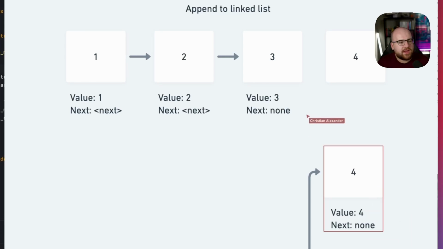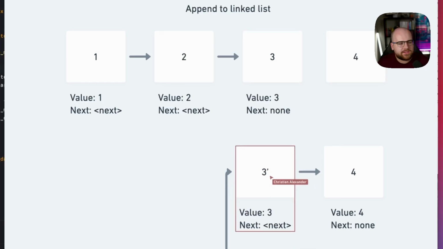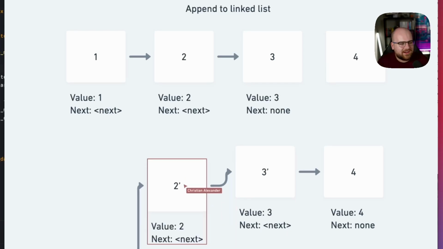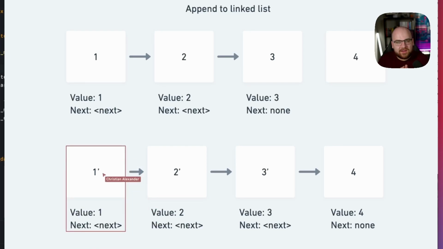Then we have to create a modified copy of element 3 that points to this element 4. And then, because we can't edit number 2 to point to this new 3, we have to create a new 2 and a new 1. We have now created a new node and then a new copy of every single item in the list. This is the worst case scenario for linked lists. Now, they don't have to take up an uninterrupted block of memory, but it was a huge operation.